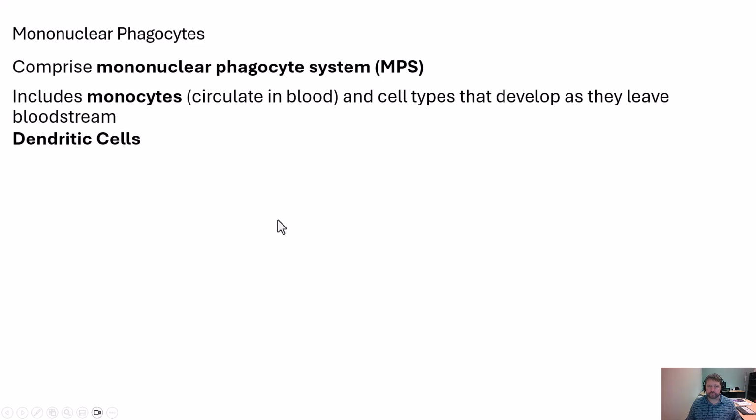So the mononuclear phagocyte system is the MPS system. Normally we're talking about dendritic cells. Their job is to phagocytize and present material. And so sometimes the multinucleated or lobe nucleated innate immune system cells like basophils, neutrophils, etc., they will just break material down. They'll just seek and destroy, and they won't present antigens.